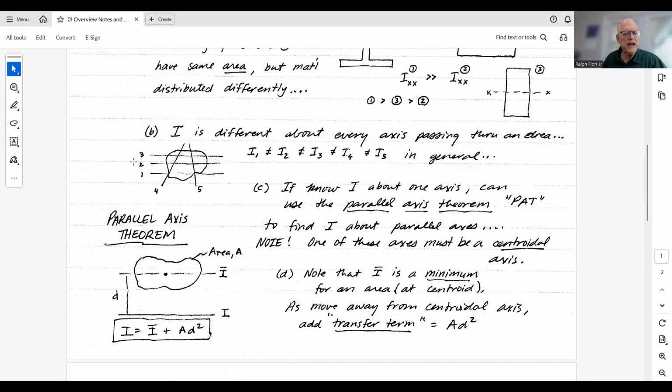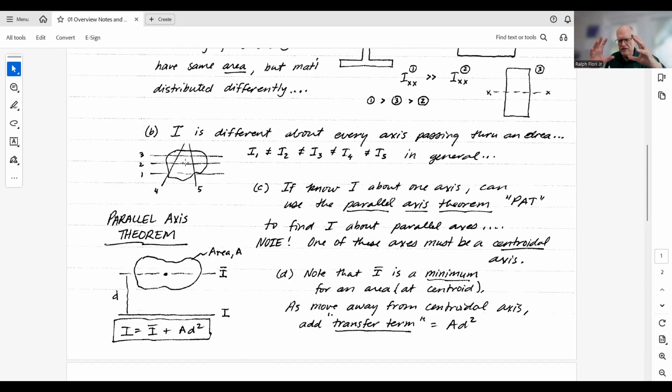In general, an axis through the center of the area is going to have a smaller I because all of the area is closer to that axis. Remember, I about a given axis is equal to the integral of a distance squared times that area.